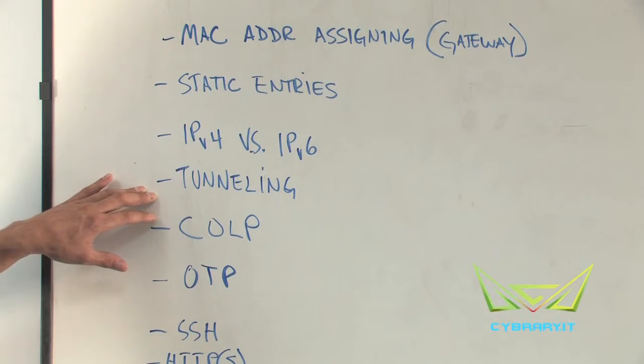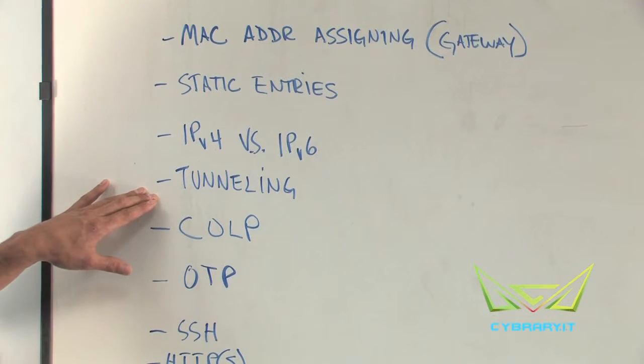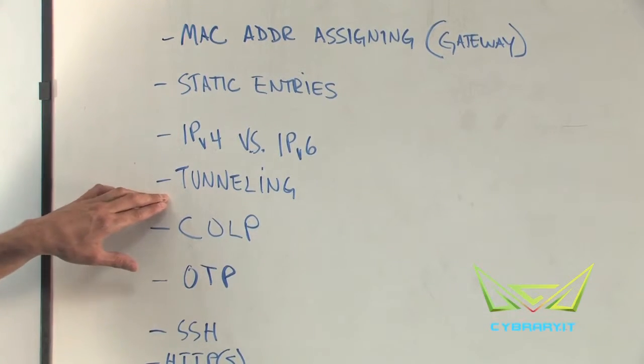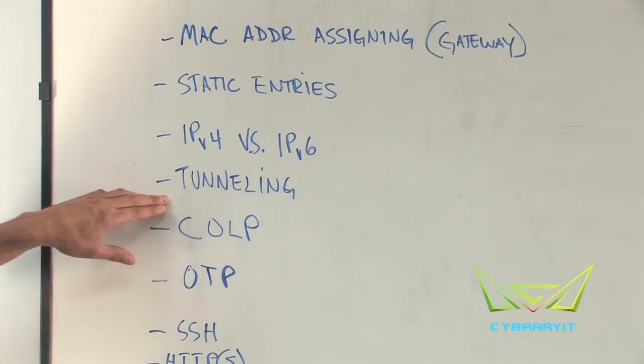From a defensive point of view, if you encapsulate your traffic in another protocol like GRE or Layer 2 Forwarding or PPTP or Layer 2 Tunneling Protocol, that restricts, at least from the outside of the protocol, what I can see. Also, ICMP tunneling, HTTP tunneling, those are good countermeasures because it makes the penetration tester work that much harder.